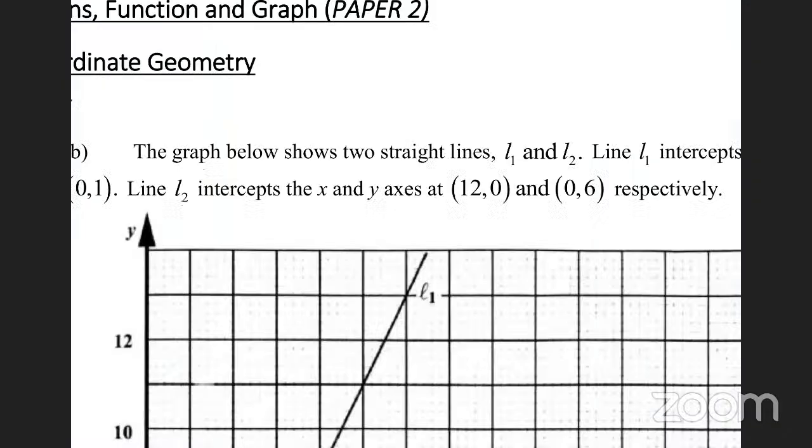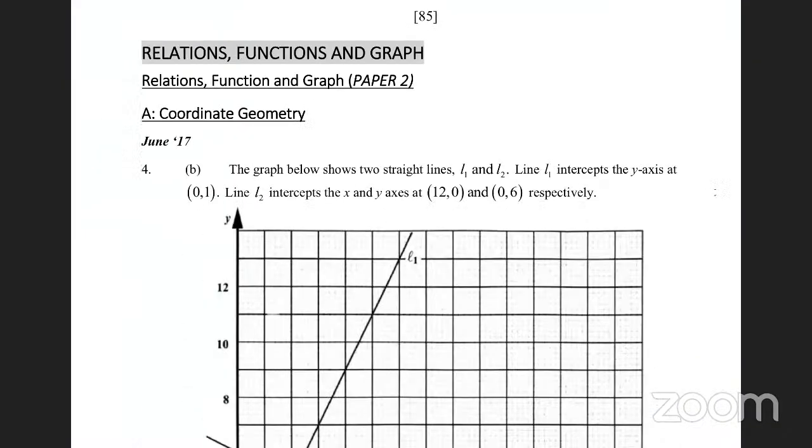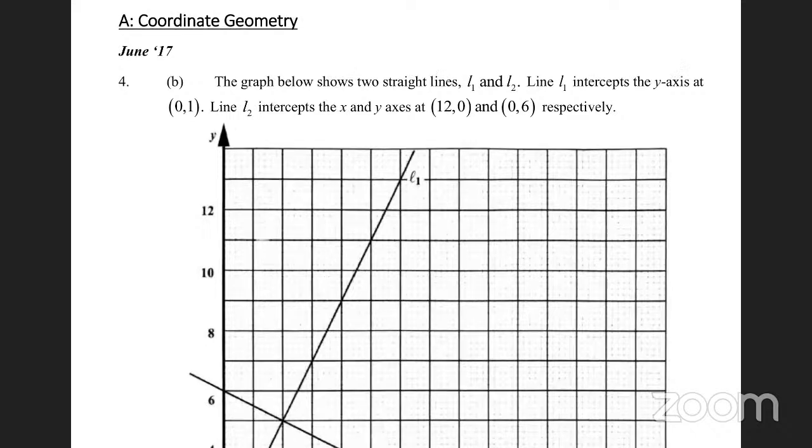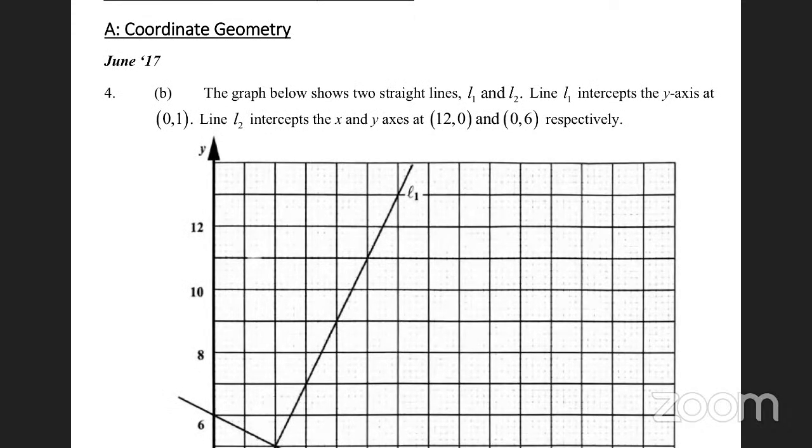All right. I'm not sure if you'll see 2017 too well. Just write down the important info, right? And we'll do this one together, right? I'm not sure if you're seeing everything. Write down the important info. They gave you two lines, L1 and L2, right?